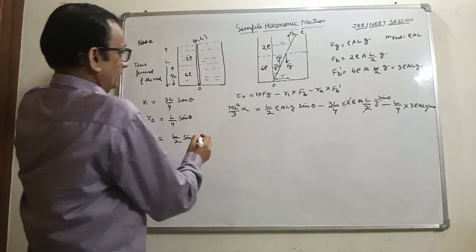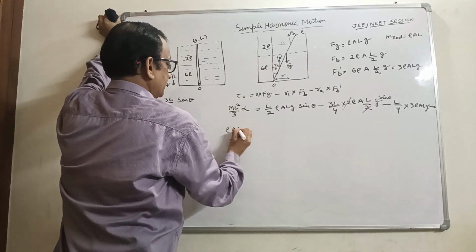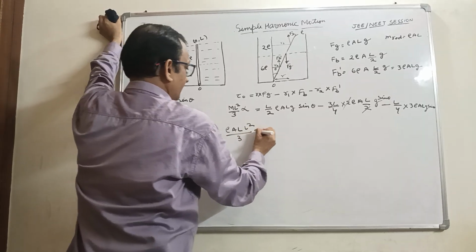This equals the mass of the rod, rho A L, times L square by 3 alpha.